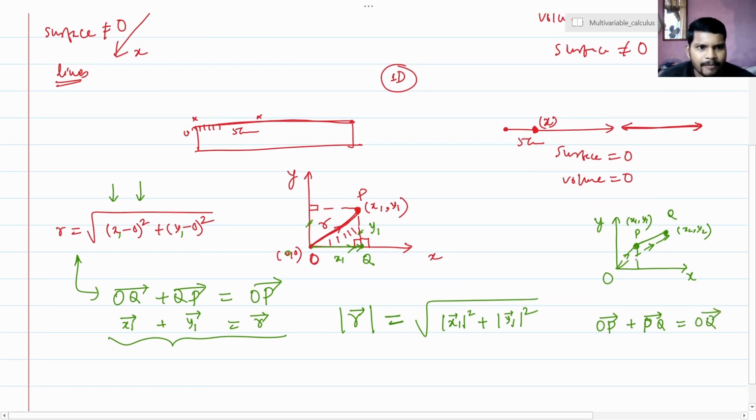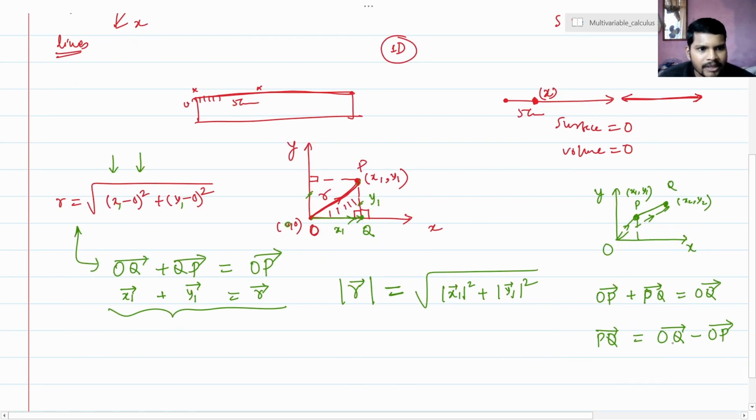Now the OP vector could be anything. So I can just write here that the PQ vector is equal to the OQ vector minus the OP vector. Now, what is this OQ vector? OQ is basically a line, and this line is showing you the position vector. How can we determine the position? Just like x1 and y1.